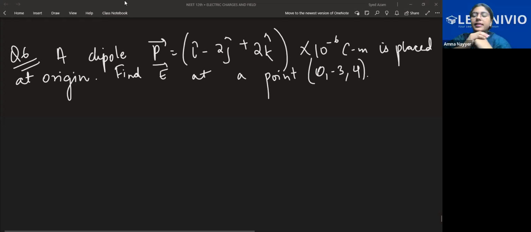See class, this is a general point. This is not on equatorial, this is not on axial or any other point.